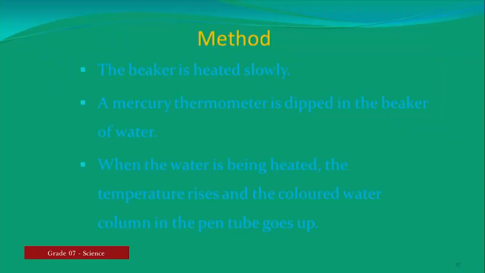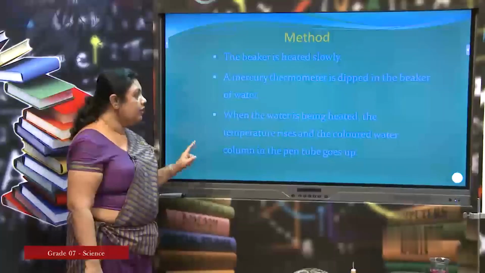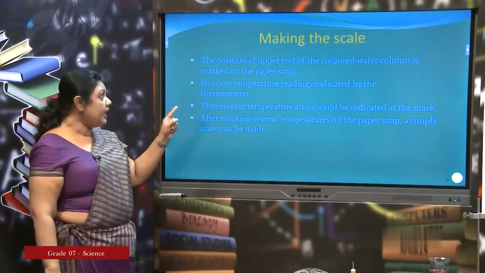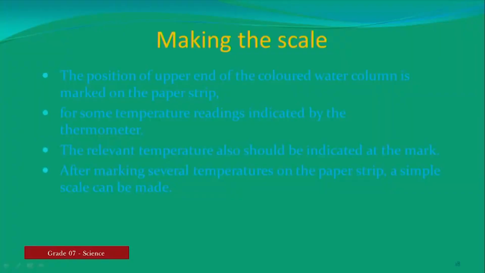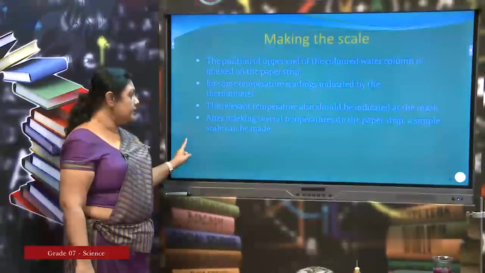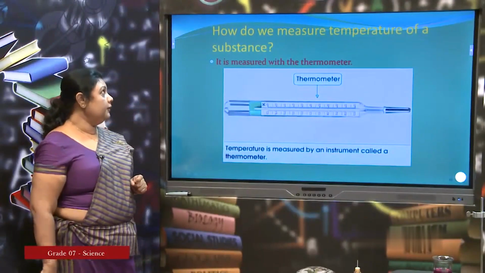The beaker should be heated, then the mercury thermometer should be dipped there to see the real change. Accordingly, we can find the temperature difference on the scale on the paper. The relevant temperature should be indicated there, and after marking several temperatures you can use it as a thermometer.